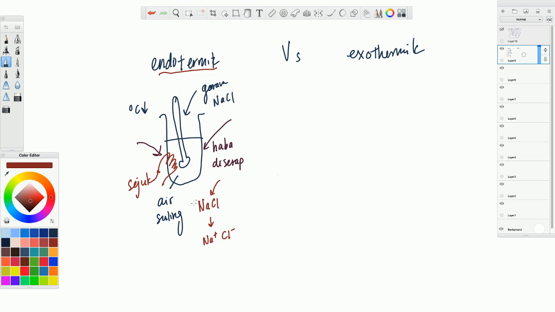Tetapi, bahan kimia ini sendiri mempunyai lebih tenaga. Seumpama, saya memberi duit kepada kamu. Saya kehilangan duit, kamu lebih duit. Haba diserap oleh bahan kimia. Oleh itu, pada asalnya, natrium klorida yang belum larut dalam air tidak banyak tenaga.